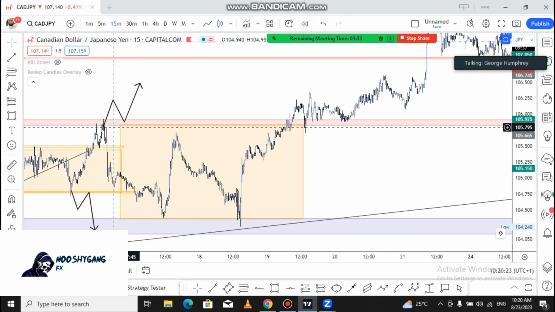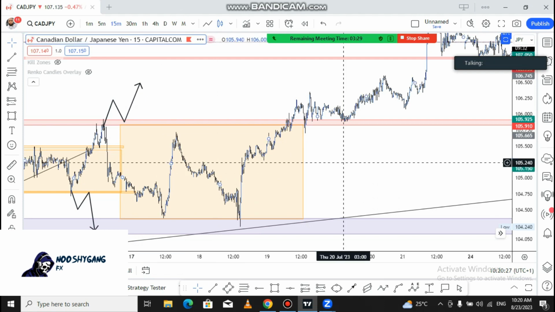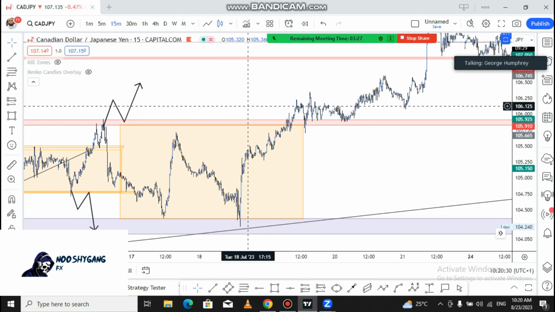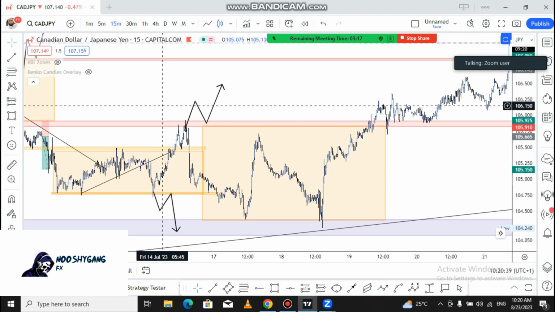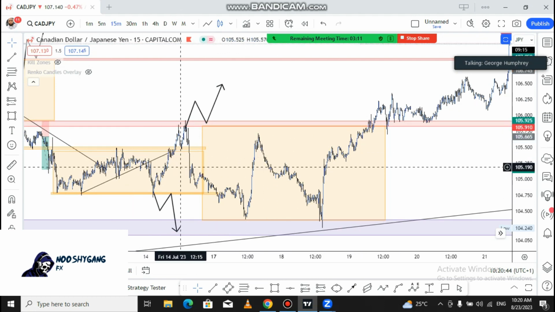Once you've eaten from a particular plot of land, wait for another opportunity in another zone. Remember, the market moves from range to range. You've eaten from this, so there's no way for you to be looking for buys and sells.